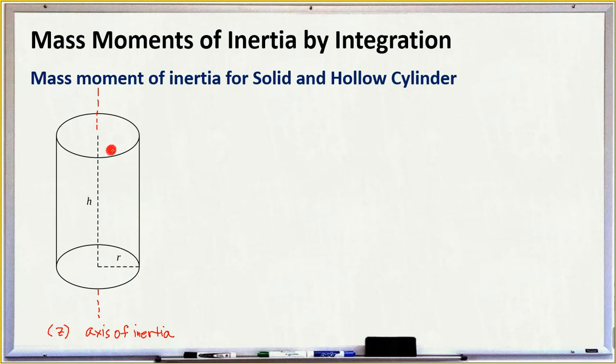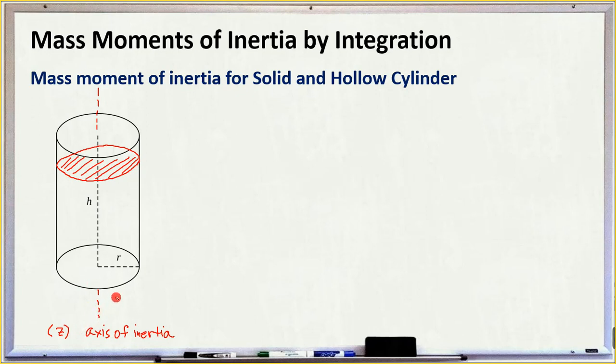Okay, as you notice, the solid cylinder is an example of a homogeneous right prism because the cross sectional area at every point is perpendicular to the axis of inertia, perpendicular to the z axis.